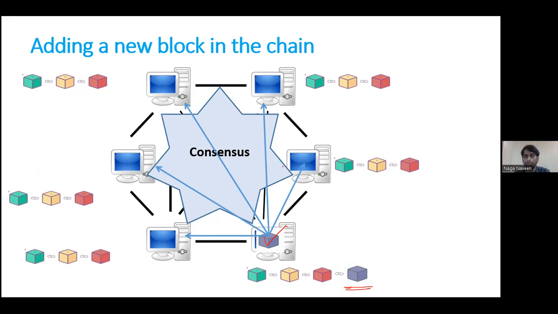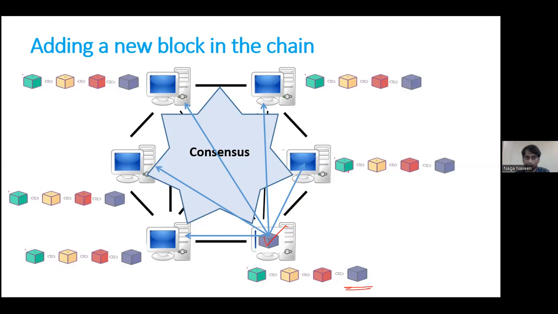Once all the validator nodes receive that particular block, what will they do? They will start solving the puzzle. That means they will start changing the nonce and generating hashes and validating whether each is less than the target value or not. Once that is achieved, a valid hash is generated.